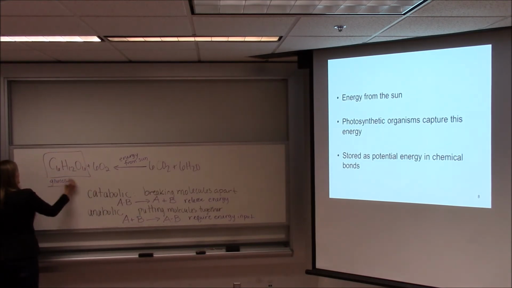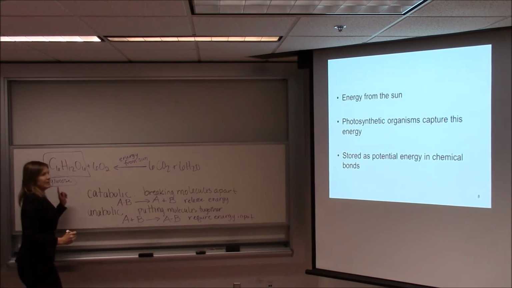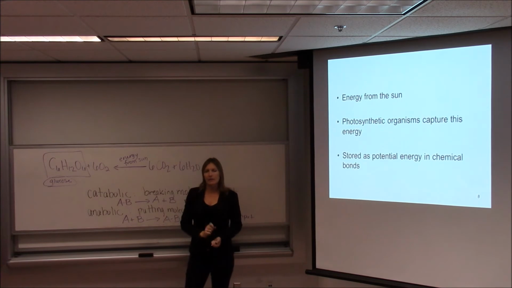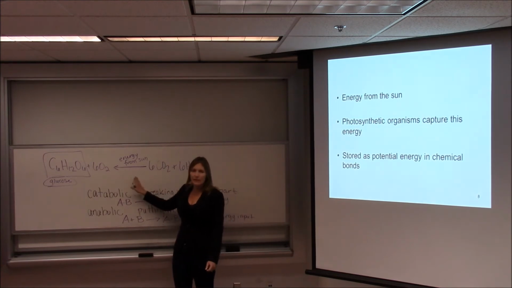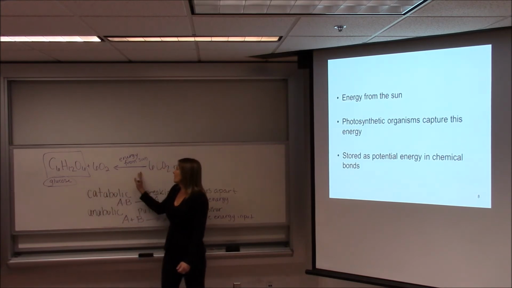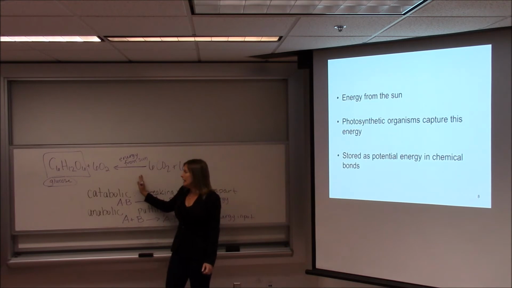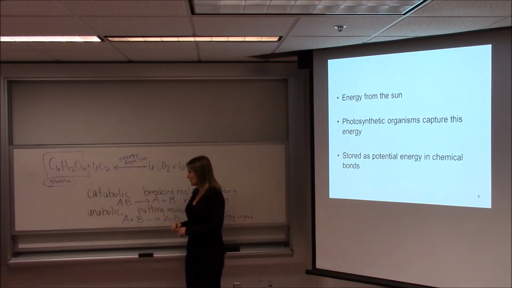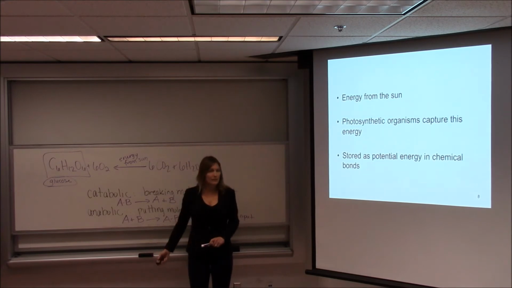Now this glucose is a huge source of potential energy for other organisms. So all organisms on Earth really depend on this reaction of photosynthesis to generate chemical energy for the rest of the food chain. It's taking light energy from the sun and converting it to chemical energy that the whole rest of the food chain can use. That's pretty amazing.